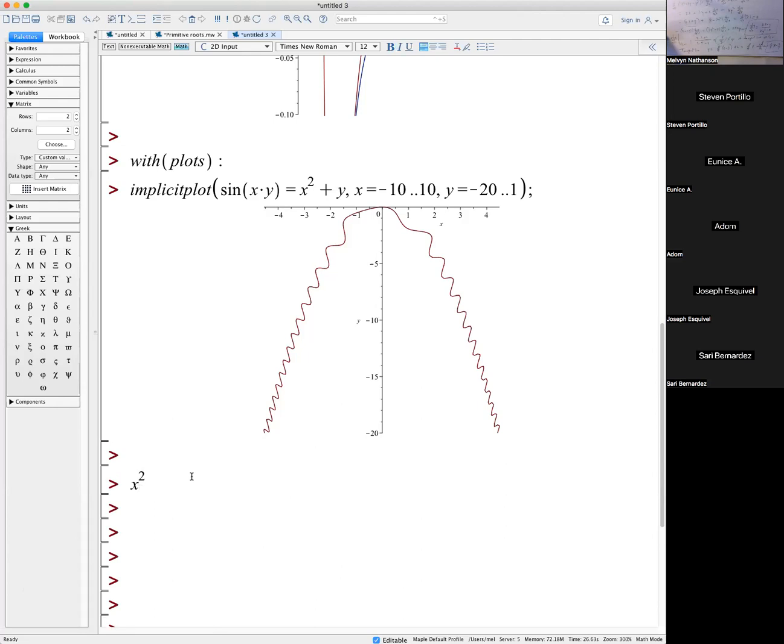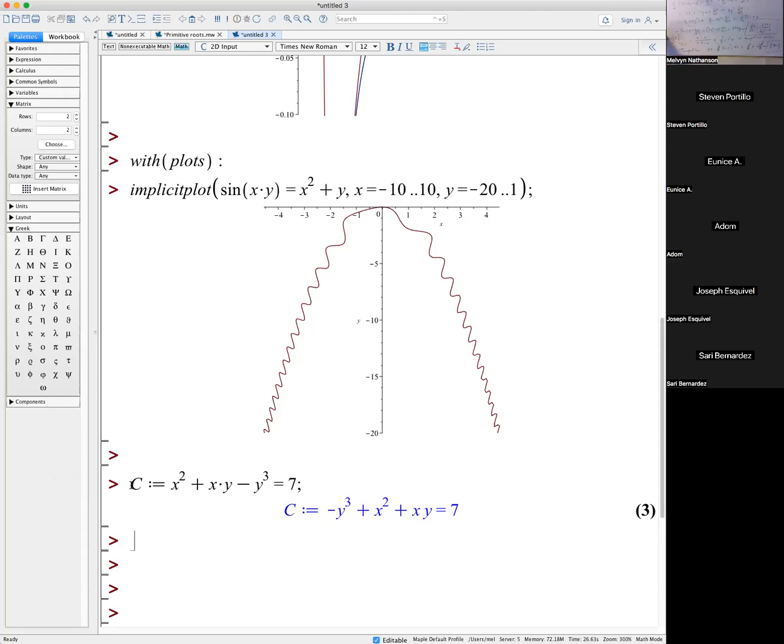X squared plus x times y minus y cubed equals 7. That's my curve. Let me give it a name. I'll call it C, just so I don't have to keep writing it, but that's my curve C.